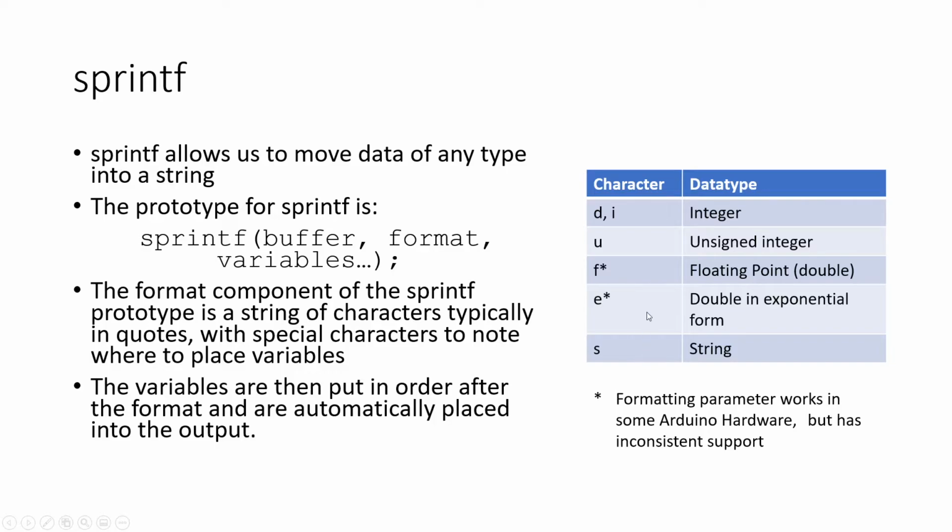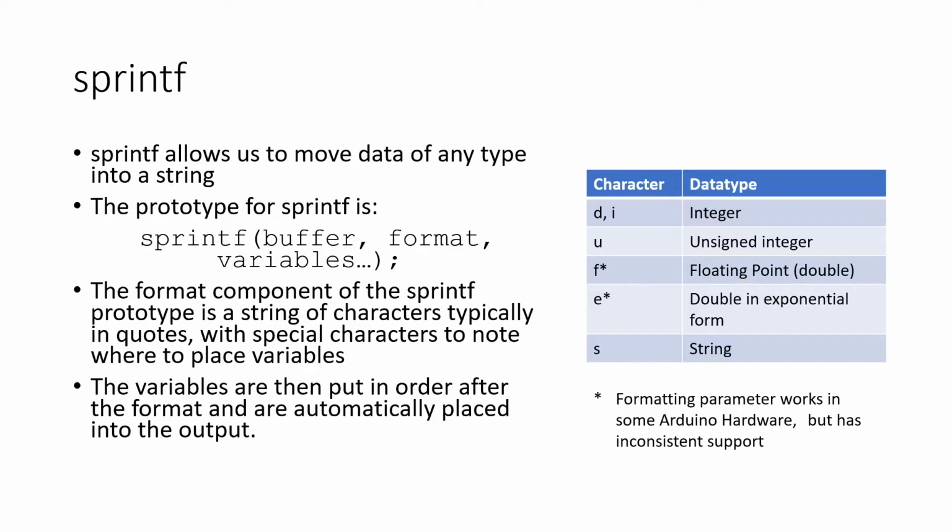Now it's important to note that float and exponential work on some Arduinos, but not all. It is very inconsistent between models which ones work and how they work exactly for those two operations. In fact, on the Circuit Playground Express, typically the float does not work. Therefore, we won't use it in the example program that we show you.